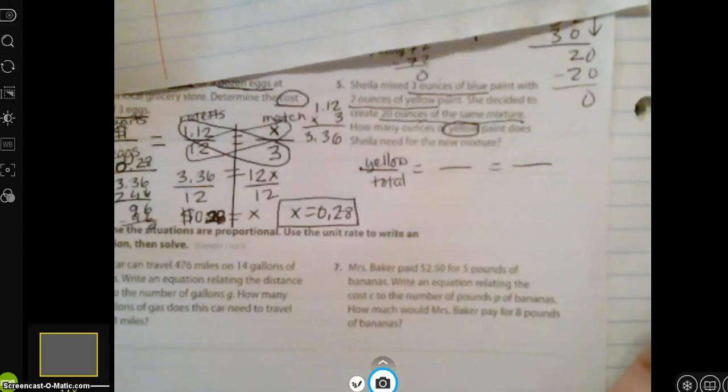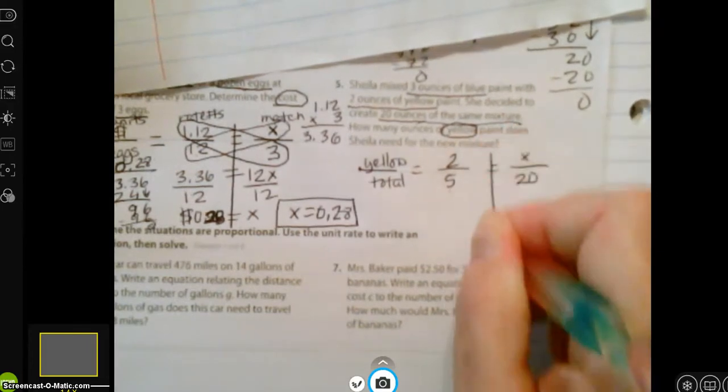So line equals line equals line. I'm going to put yellow over, and I could put mixture, I could put total if I want. That might make more sense to you. So 2 of the mixture was yellow out of 5. Remember, we got the 5 because 2 plus 3. And then our mixture is going to be 20.